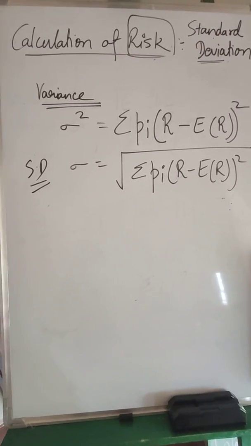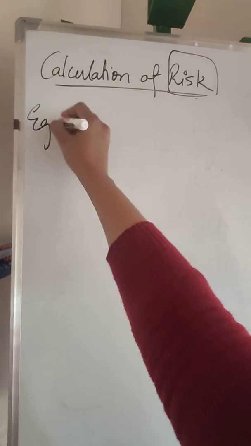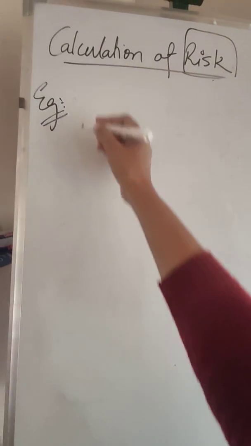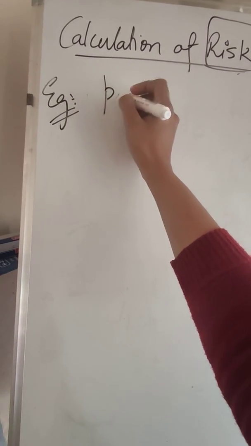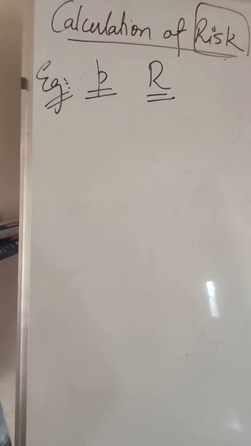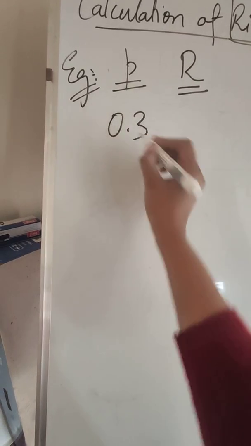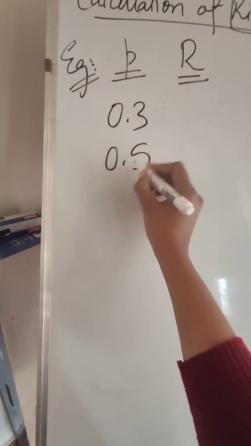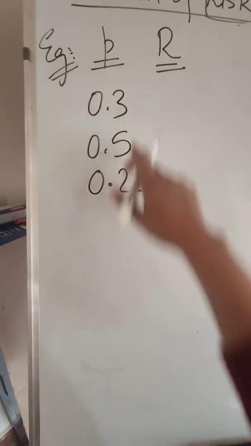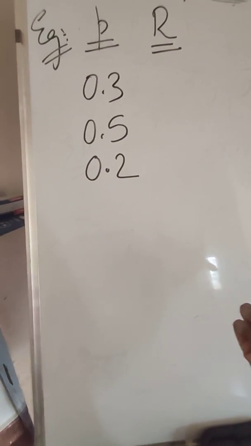So we will try one question based on this. In an example question, situations will be given to you. Probabilities will be given to you, and the returns that are expected with those probabilities will be given to you. For example, if I take 3 situations with 3 different probabilities, 0.5, 0.3 and 0.2, always make sure that the sum of the probabilities is 1, because probability can never exceed 1.